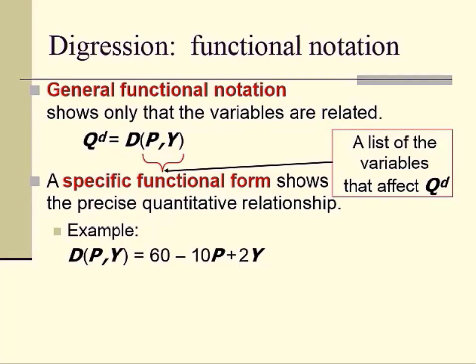So the general functional notation shows only that the variables are related. Here we have two variables that affect the quantity of new cars demanded. They are the price of the new car and the aggregate income.